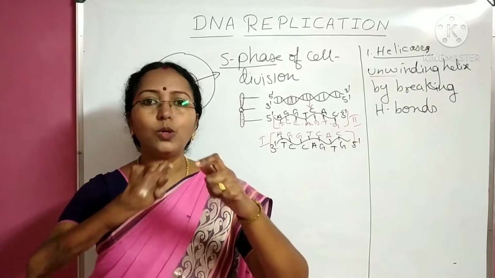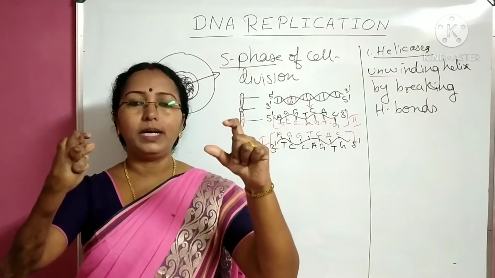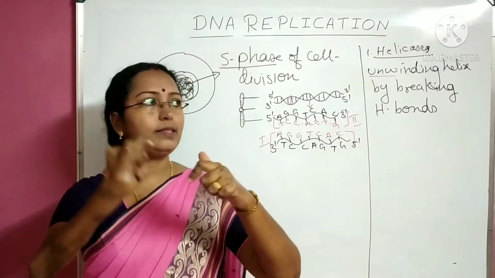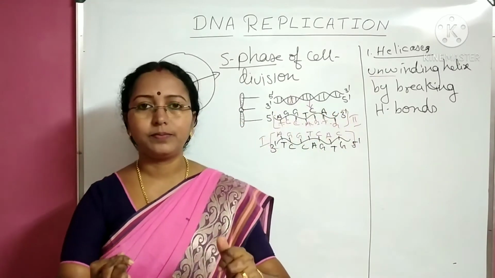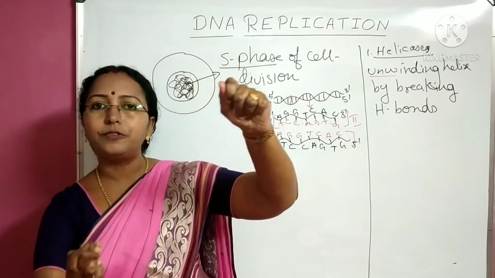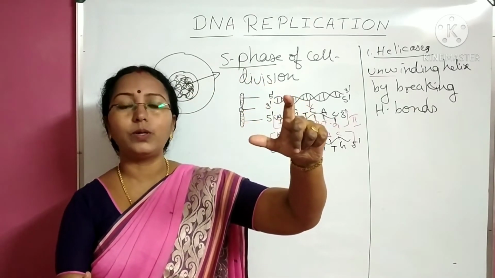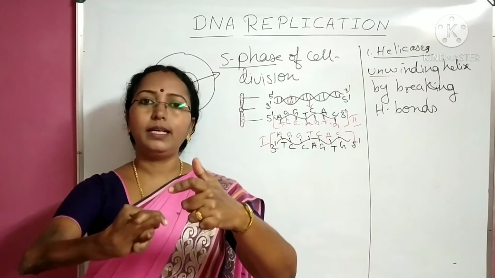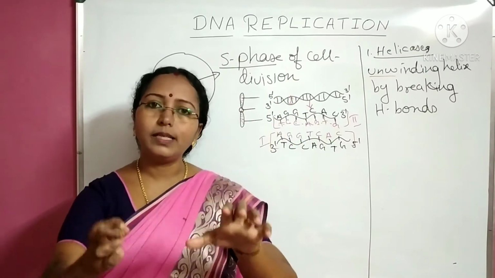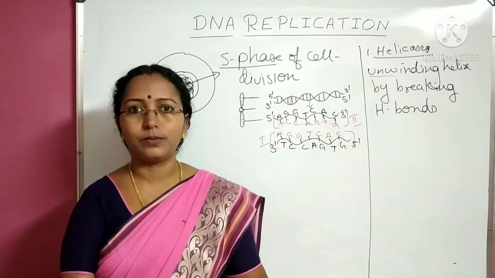Imagine two copper wires that you have coiled in a helical manner, and you are trying to pull them apart from between. If you just release your hands, what will happen? These coils can recoil back. The same thing happens in our DNA also.